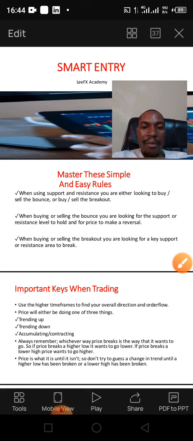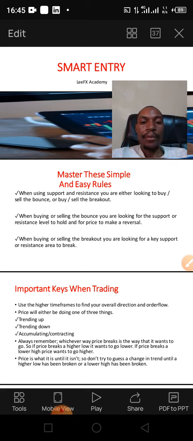Rule number one, what you need to focus on is when using support and resistance. You are either looking to buy or sell the bounce, or buy or sell the breakout. Support and resistance are points where supply and demand meet, a boiling point for supply and demand.